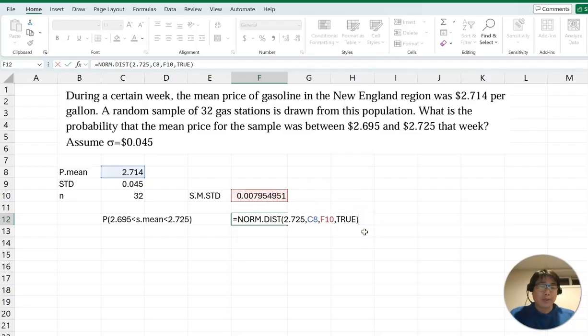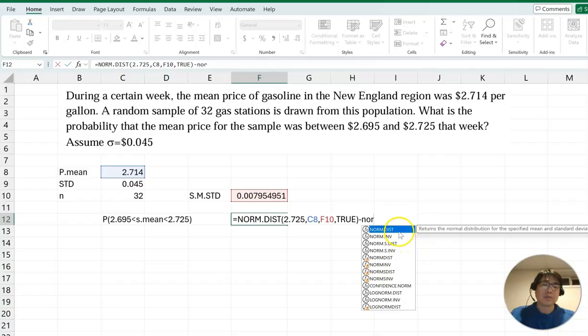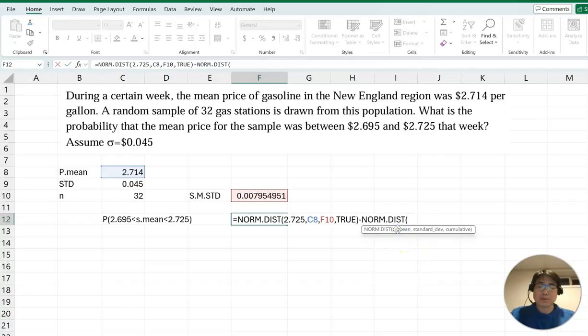Don't press enter yet because we need to subtract the smaller case. So minus normal distribution, and you put 2.695 comma, the population mean comma, the sampling mean standard deviation comma, true.